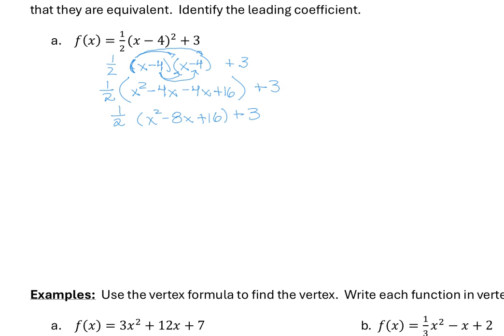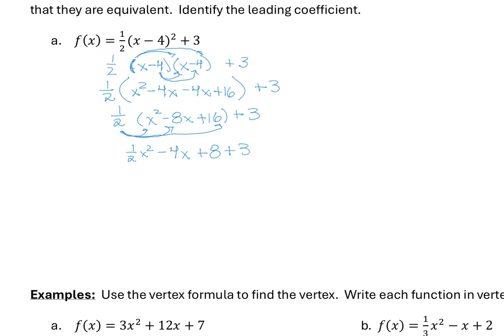We want to distribute to get rid of the parentheses. So 1/2 of x squared is just 1/2 x squared. If we take half of negative 8, we get negative 4, and we keep our x. If we multiply half times 16, we get plus 8.